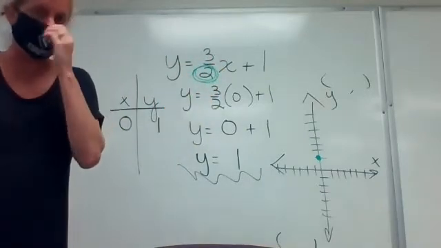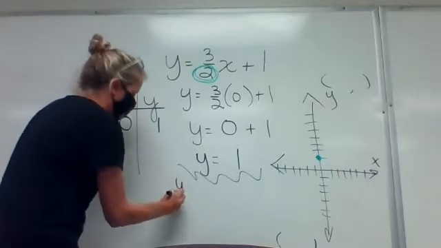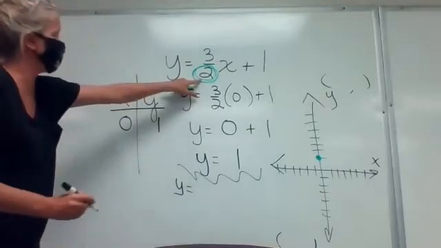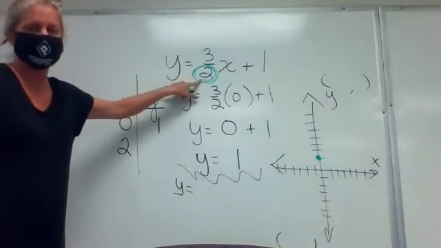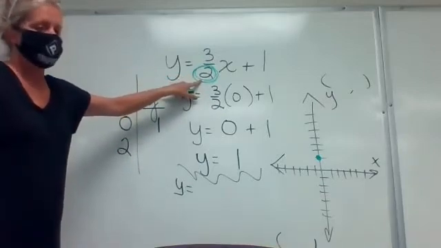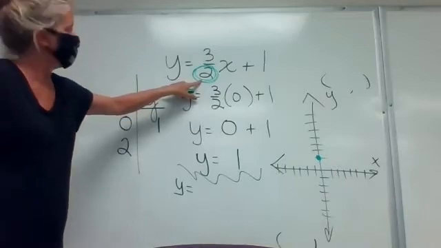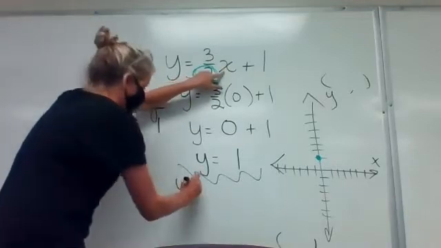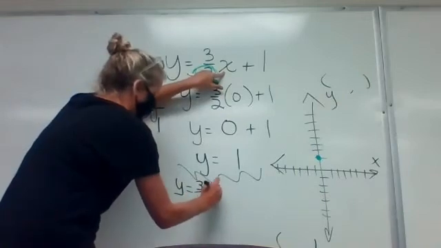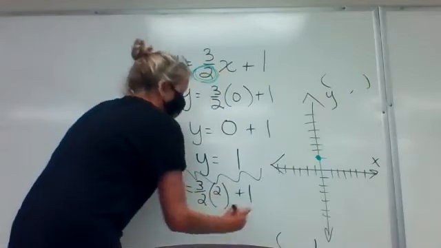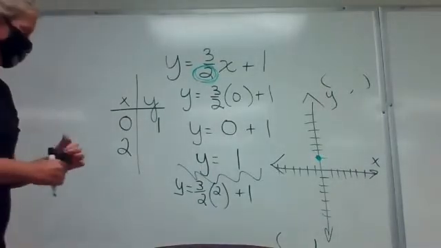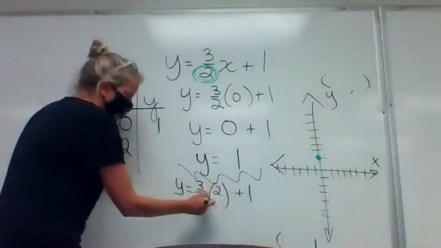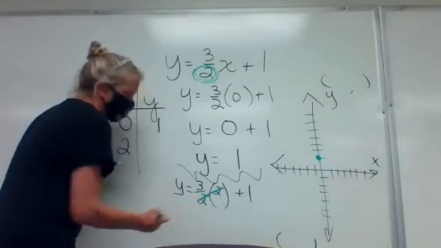And you'll see why. If I do that, I have Y equals, let's see, since my denominator is a 2, that's what I'm choosing to plug in for the X. Because here's what happens. If I plug a 2 in here, I have 3/2 times 2 plus 1. When I do this multiplication, I have a 2 in the top and a 2 in the bottom, so they just cancel each other.